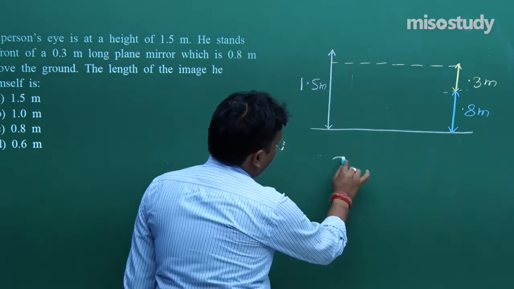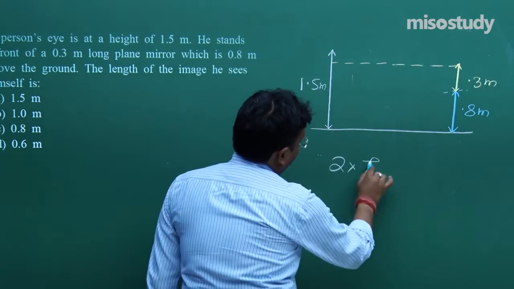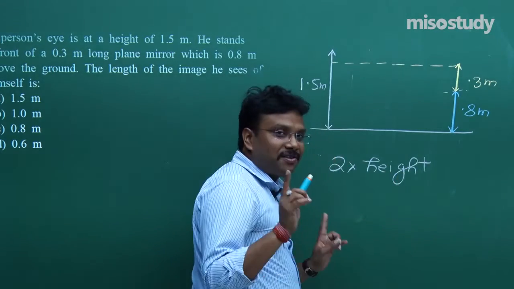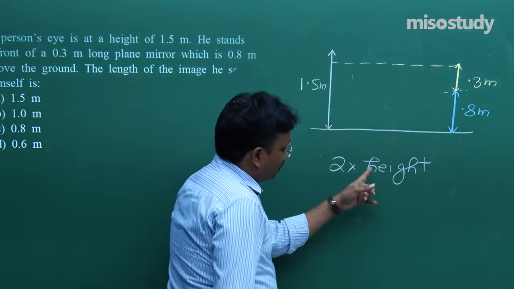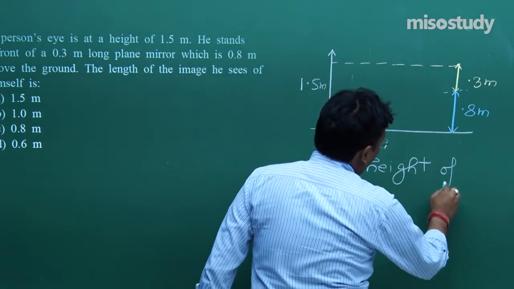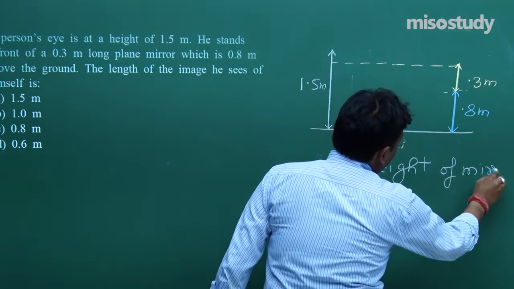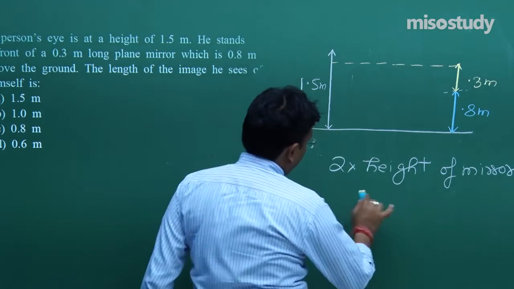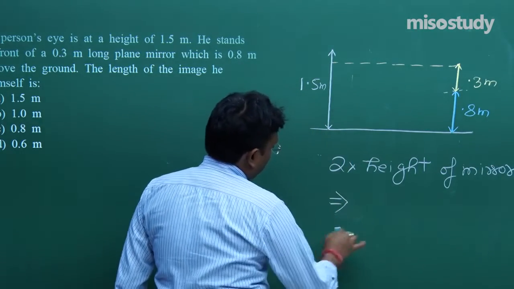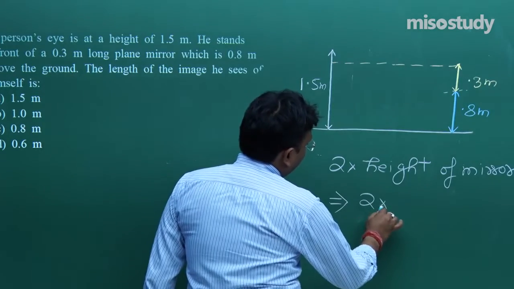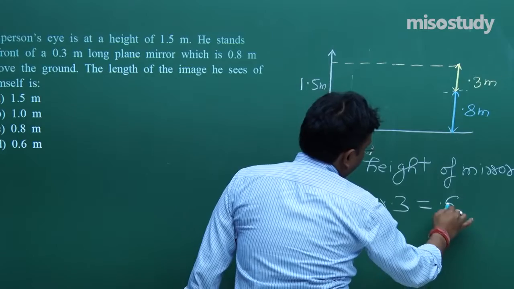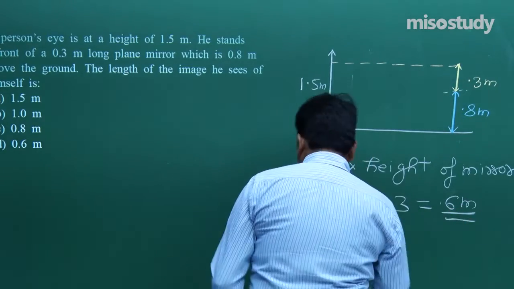So 2 into height, class 10th basic concept, fine, 2 into height of mirror, that is the height of the image the person will see. This implies that 2 into 0.3, yellow color, is equal to 0.6 meter.